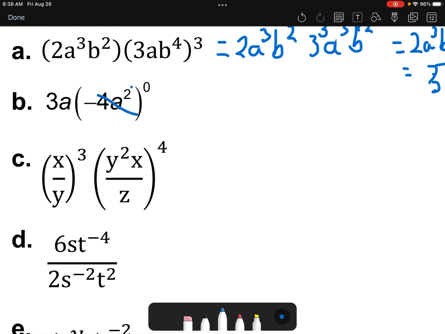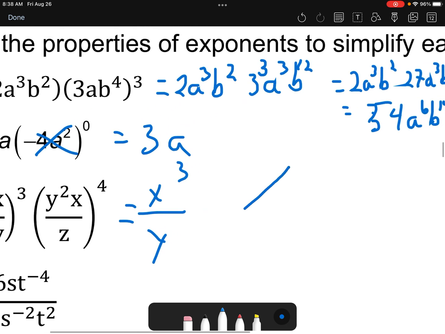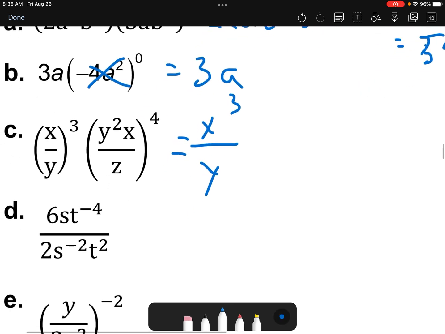On b, we could see that that's 1. Anything to the 0 power is 1, so that's simply 3a.